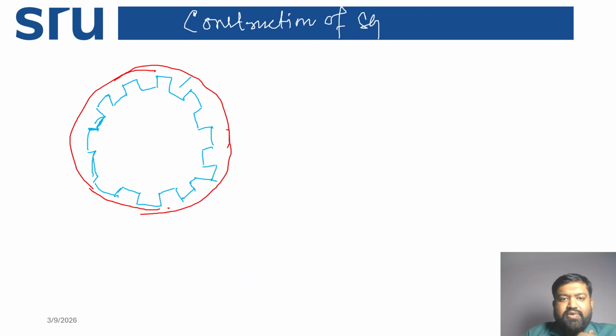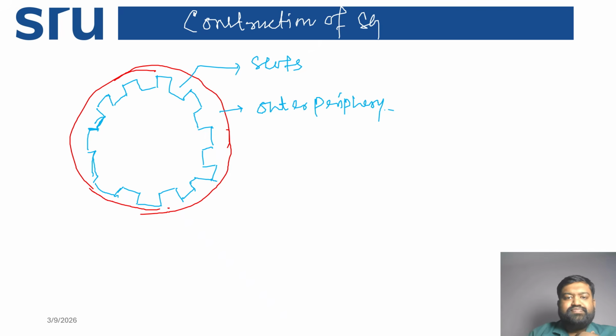We can mark them as slots present in the stator. This is your outer periphery. Okay, and another one is what? The rotor is at the center here, and I am drawing the rotor diagram here.